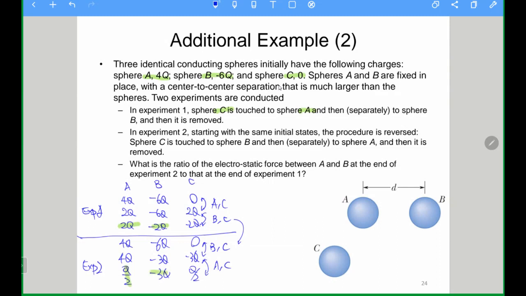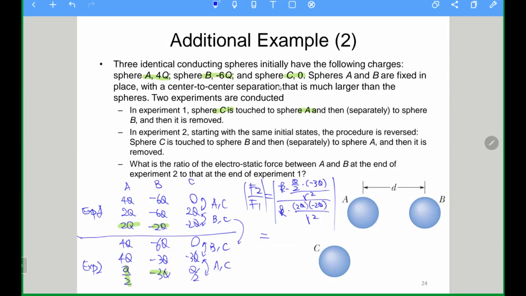So when we consider F2 over F1, it should be something like k times Q over 2 times negative 3Q all over r squared, and then over k times 2Q times negative 2Q over r squared. Maybe you just care about the ratio of the magnitude.